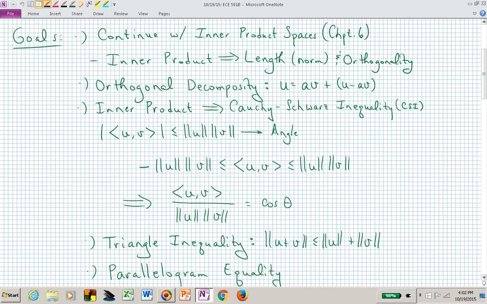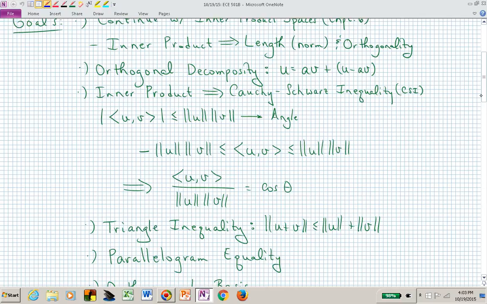And we can actually see that that now collapses down to providing us with an angle, a piece of angular information. If we start dividing both sides through by the norms of u and v, now we have a bound on this quantity between -1 and +1, and that's like the cosine of an angle. And if we define that to be the cosine of theta, now we have this angle of separation between these two vector quantities.